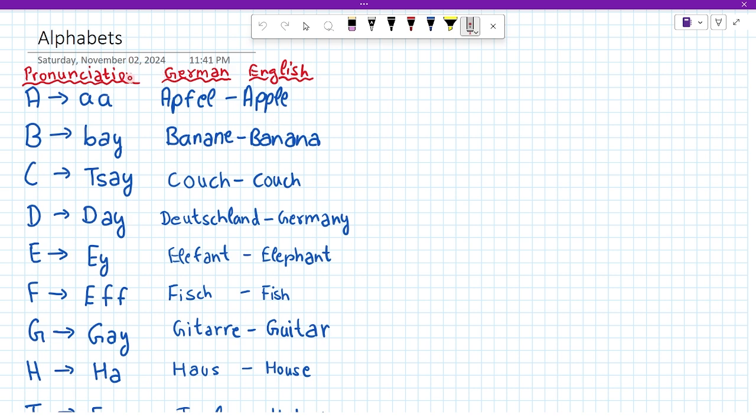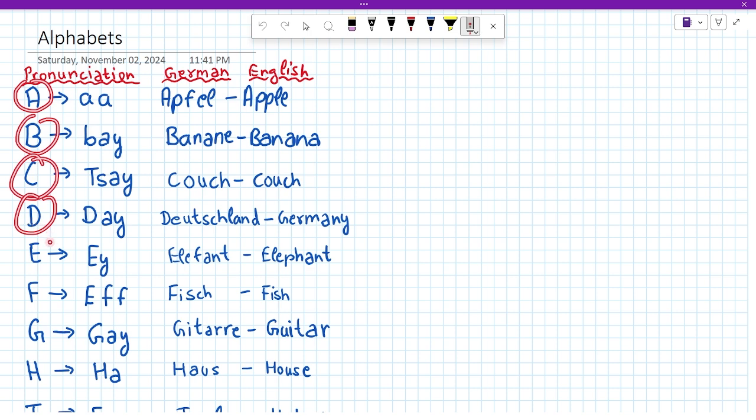So let's begin. Usually in English, whenever someone tells us to speak the alphabet, we go like A, B, C, D, E, F, G, H, and so on. In German as well, we use the same letters.